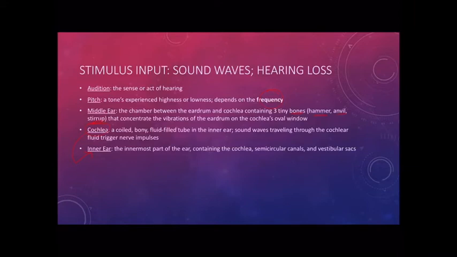It brings in those sound waves and it converts them into electrical energy that your brain actually interprets as a sound. And then in the inner ear, the innermost part of the ear, we have the cochlea, the semicircular canals, and the vestibular sacs. So definitely know which of these things are in which section of the ear. This is kind of basic anatomy, but it is something that you do need to know for this exam.